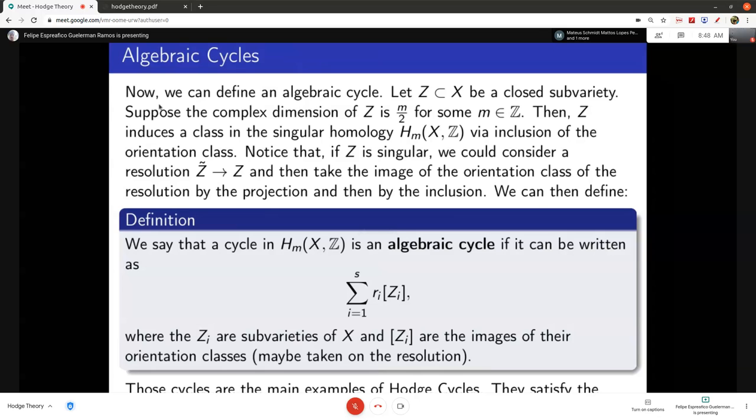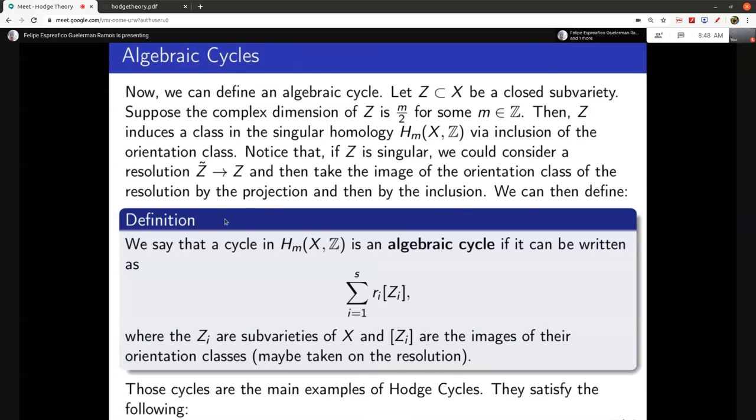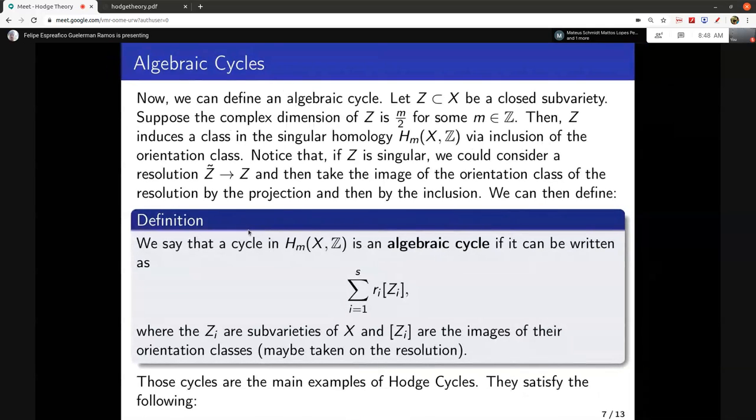But yeah, so now we are going to start the important part. I mean, we'll start stating the conjecture. So first we have to define what is an algebraic cycle. So we can consider a closed subvariety Z with complex dimension m over 2 for some integer m, right?